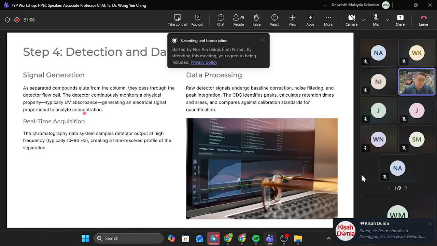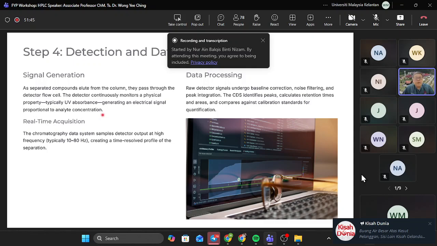This is a real-time acquisition. Most of the time you are going to get inputs in terms of frequency, and if you see the graph, the baseline starts from 10 up to roughly 80 hertz, creating a time-resolved profile.